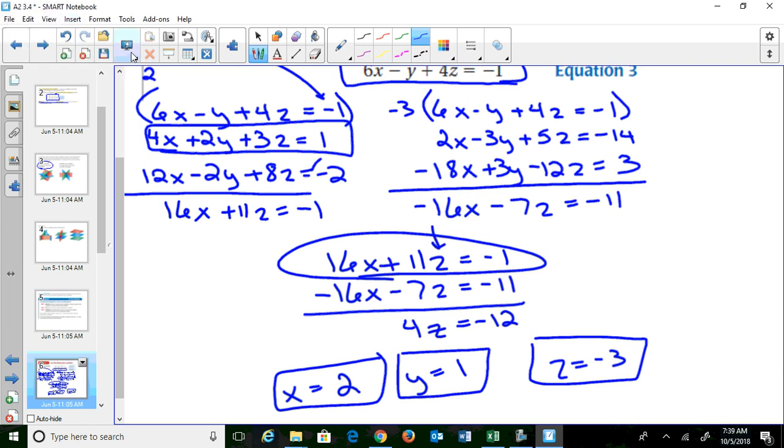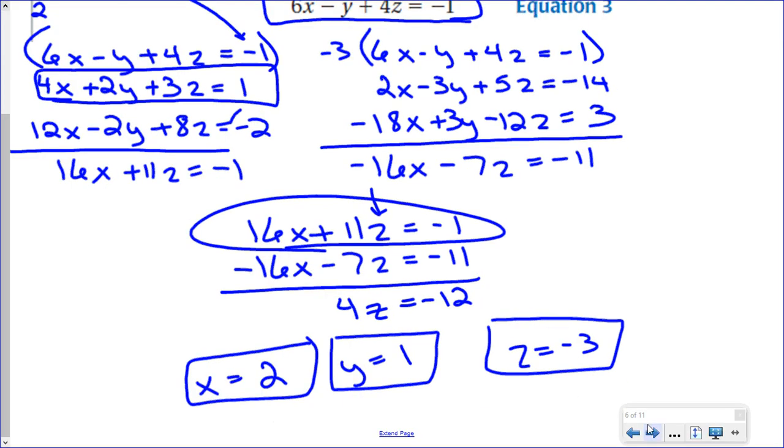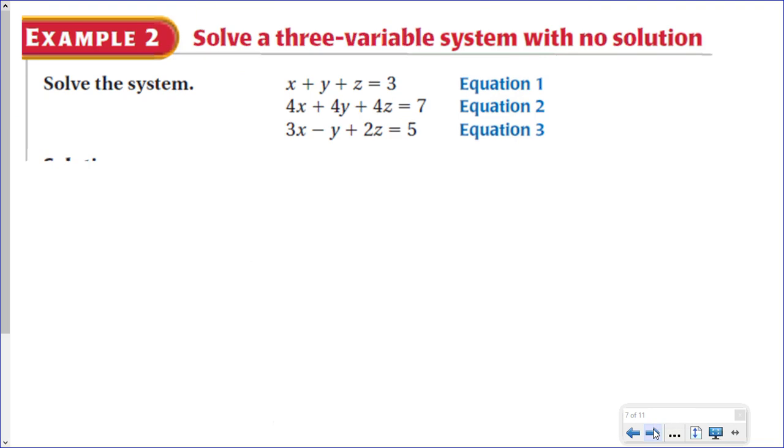Okay, guys, so here is the next one. I'm looking at this one, and I'm noticing the top one has low numbers for coefficients, so I'm going to go with that one. I'll write that first.